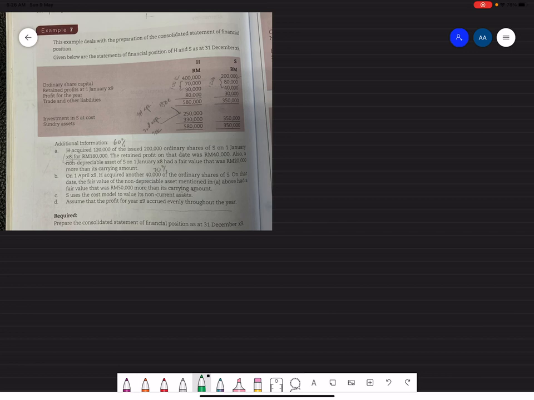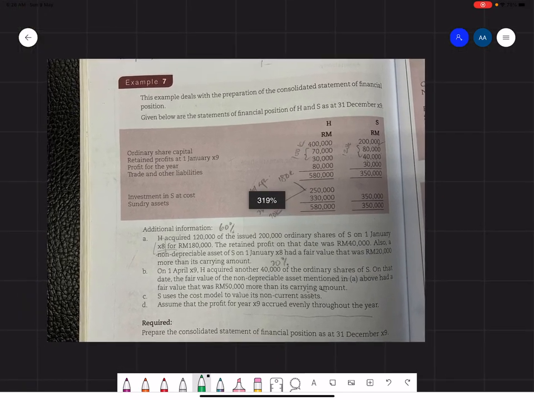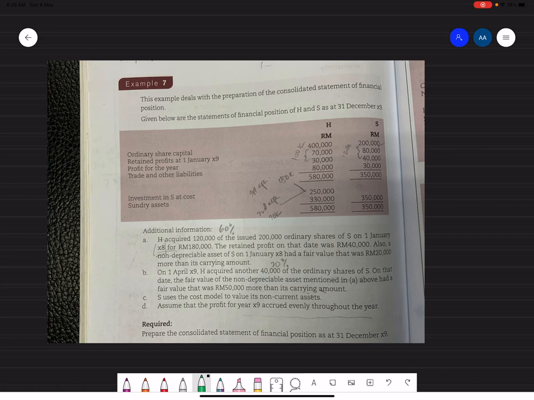Given below are the statements of financial position of H and S as at 31st December X9. So you are given the statement of financial position, and then H acquired 120,000 of the issued 200,000 ordinary shares of S on 1st January for 180,000.